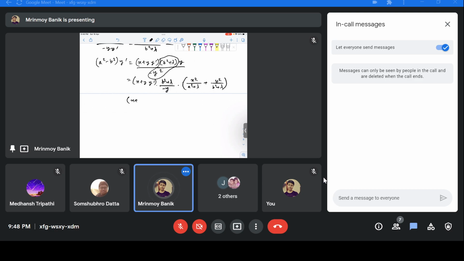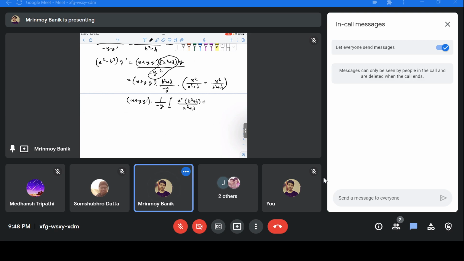That gives us x plus y dashed times 1 by y dashed times x squared b squared plus lambda plus by a squared plus lambda.